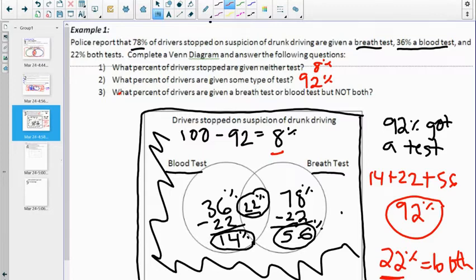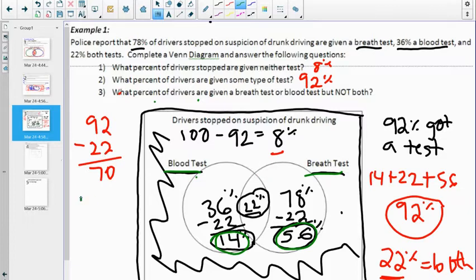So you can either take 92, the percentage of people that got any form of test, and subtract the 22 to get 70, or you can add up the 14% of people who got only a blood test with the 56% of people that got only the breath test, because that's not referring to the people who got both tests.